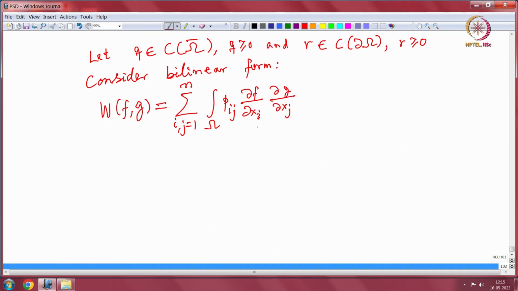So, this term contains only the derivatives of f and g. So, now we consider over omega this Q f g, and then a boundary integral, R f g ds. So, that is the surface measure on the boundary, and these are, remember, traces.